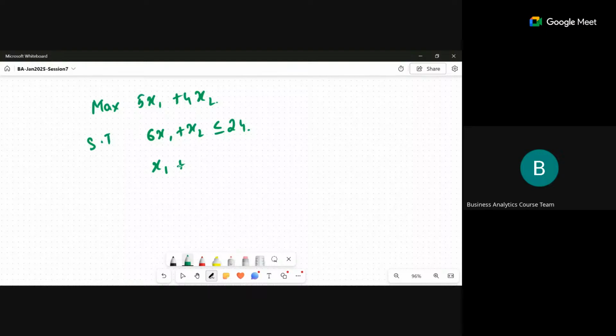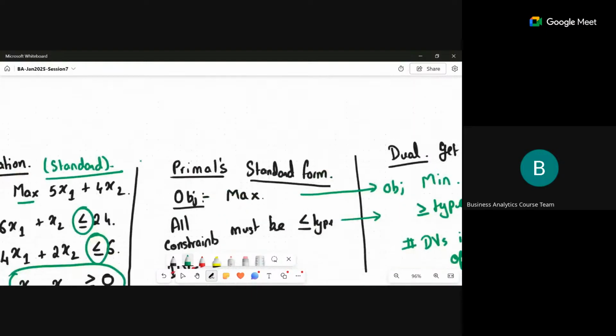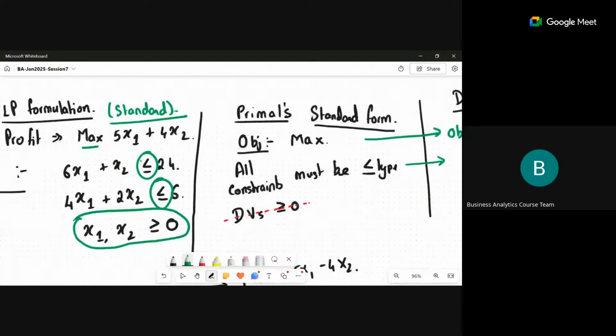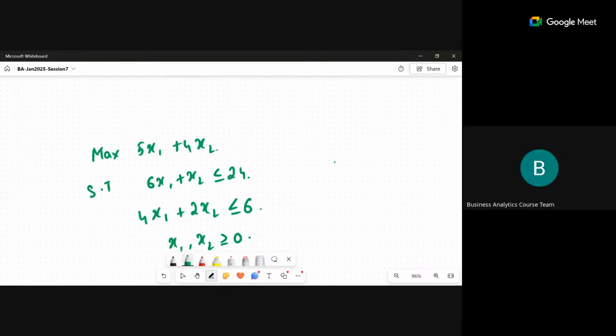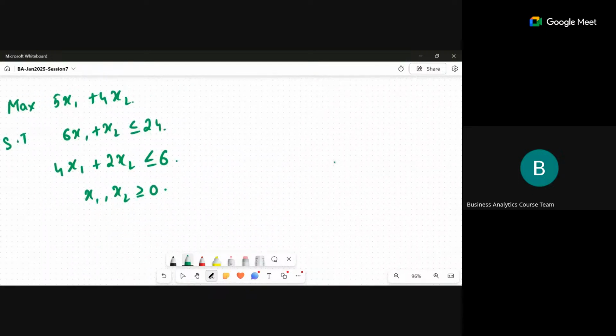X1 plus, no, it is 4x1, right? Or 2x1? 4x1, okay. 4x1 plus 2x2 less than or equal to 6. X1, x2 greater than or equal to 0. This is the standard form of the primal for our problem that is given.